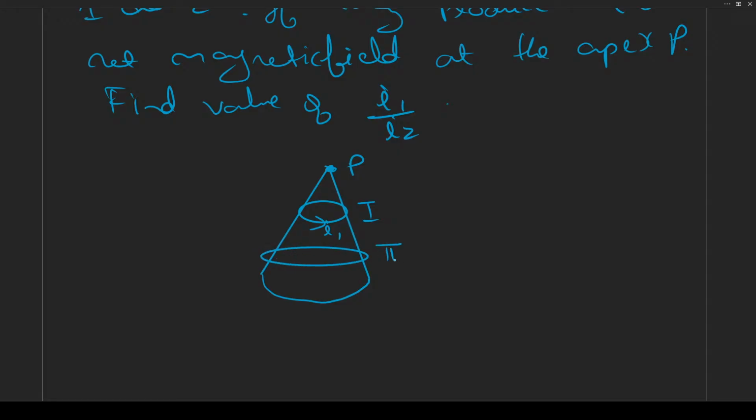This is the second loop, current in this direction I2, having radius R2 here and R1 here.